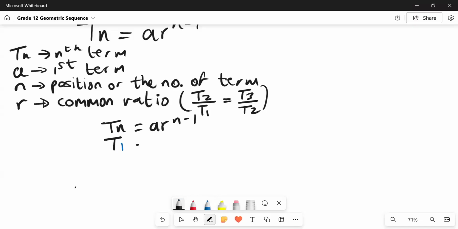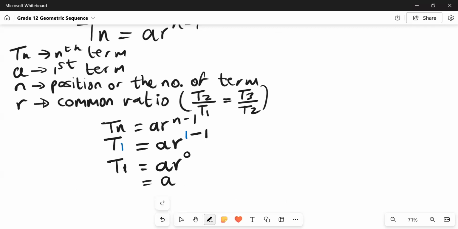T1 equals A R^(1-1). 1 minus 1 is just 0, and any base to the exponent of 0 is equal to 1. So this basically will give us A. Hence, we are saying T1 equals A, right?